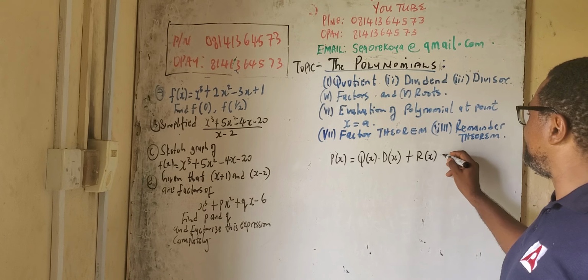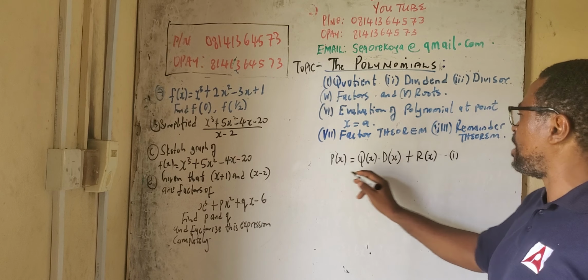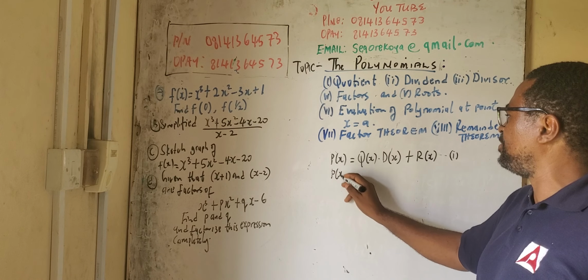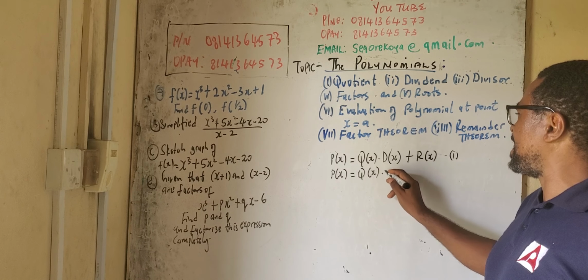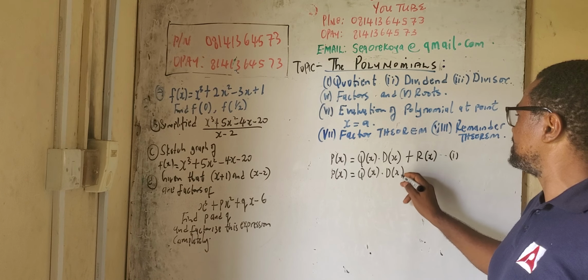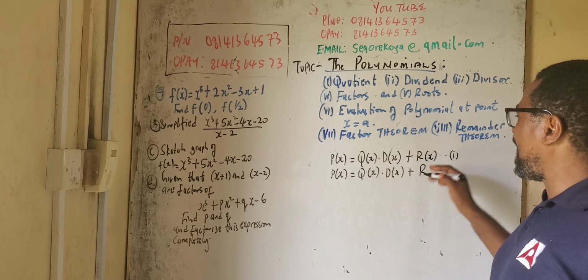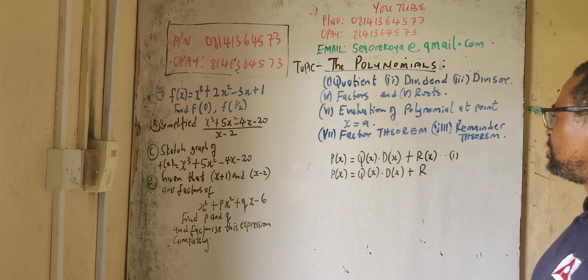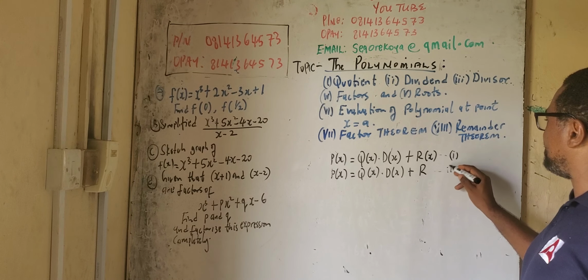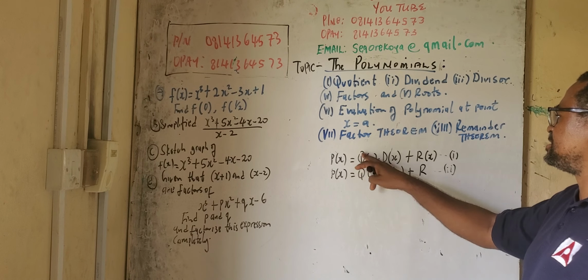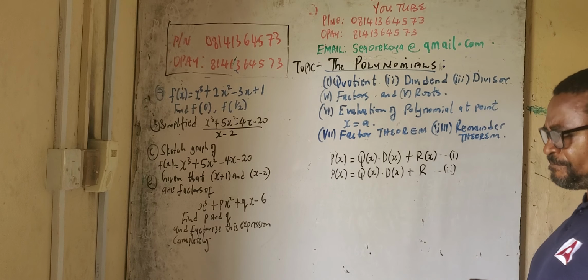So I can have it in this manner, or I can also have polynomial p of x as the quotient q of x times divisor function d of x plus r, where r is a constant. So it's either this pattern or that pattern.